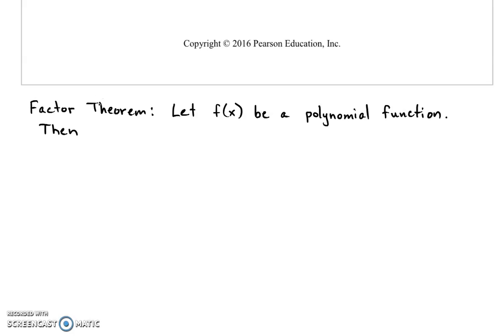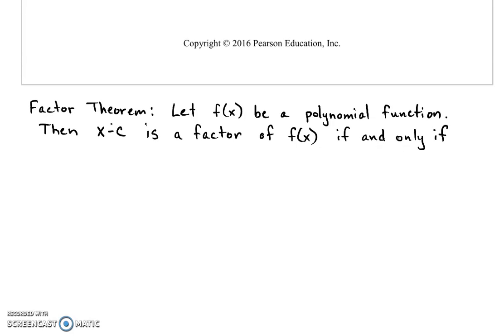So the factor theorem says, again, let f of x be a polynomial function, then x minus c, our divisor, is a factor of our dividend if and only if f of c equals 0.